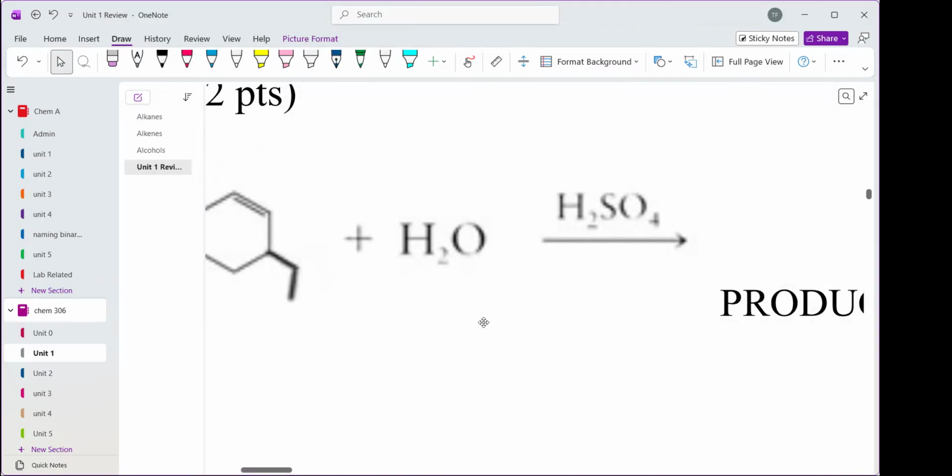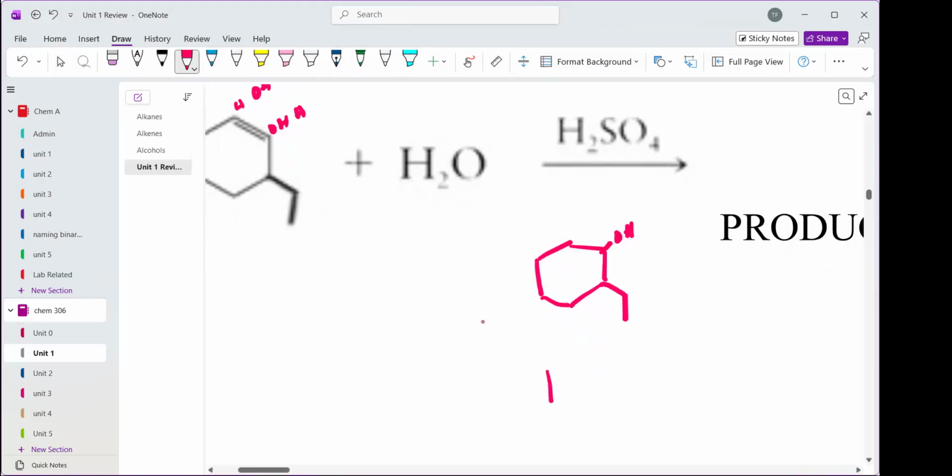Okay. So the first time it's going to be like this. Second time it's going to be like this. Okay. Everyone see where I got those? We're adding straight across the double bond.